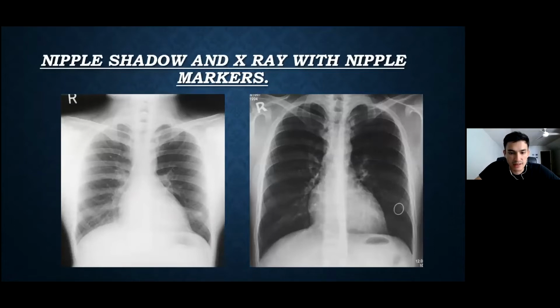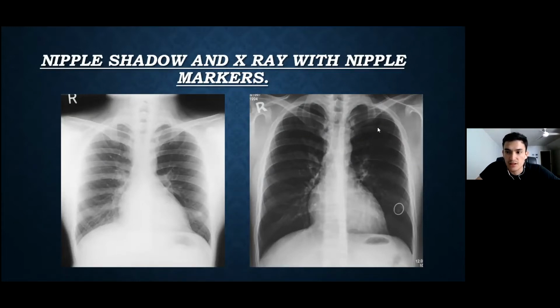In this chest X-ray, we can see that in the left lung, in the left lower lobe, over the 8th posterior rib, there is an apparent nodular opacity.